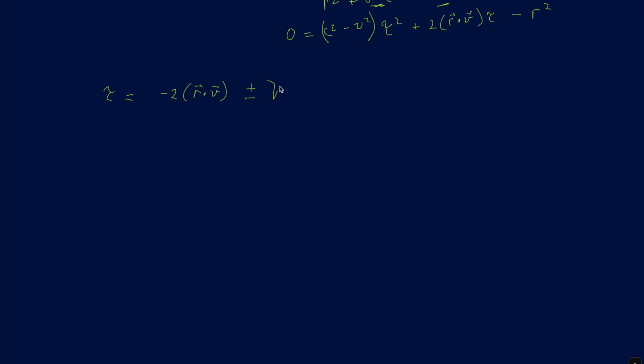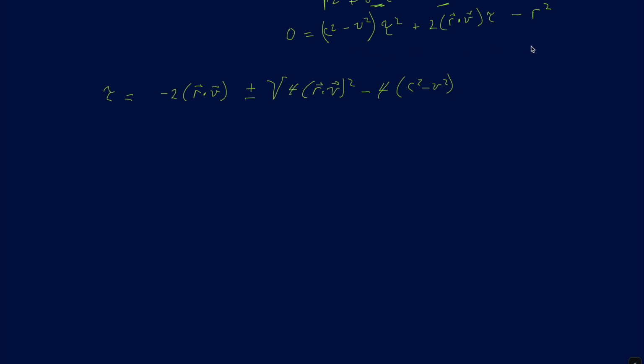the square root of this thing squared. So that's 4r dot v. Sorry, that's kind of clumsy. Let's try that again. R dot v squared minus 4 times c squared minus v squared.